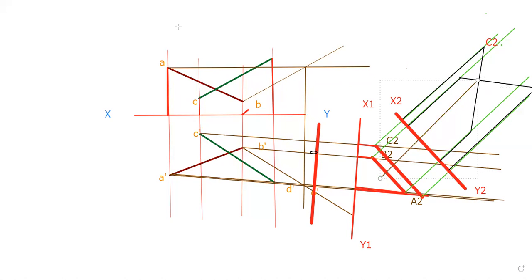And here exactly is where the shortest horizontal distance should be, at this point right here.